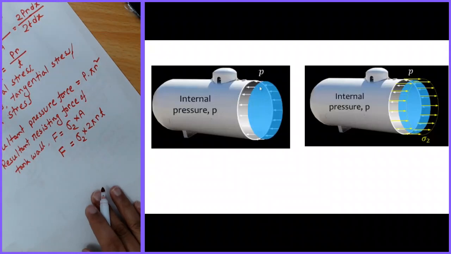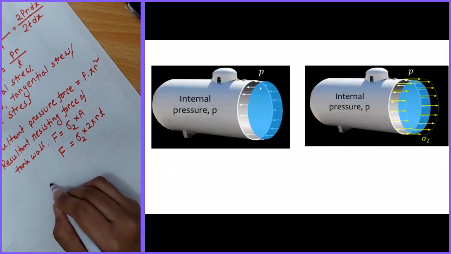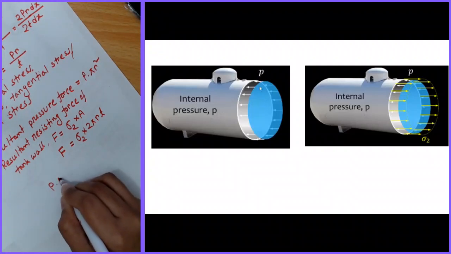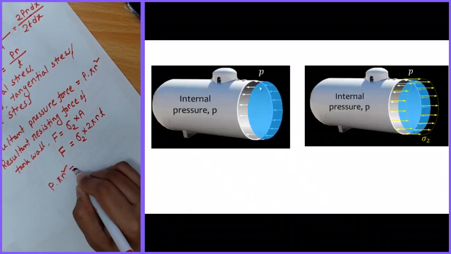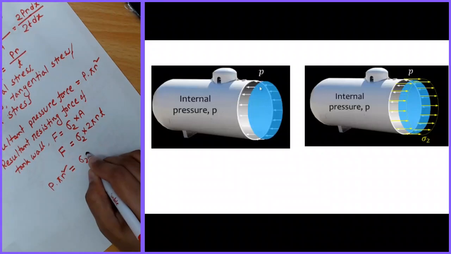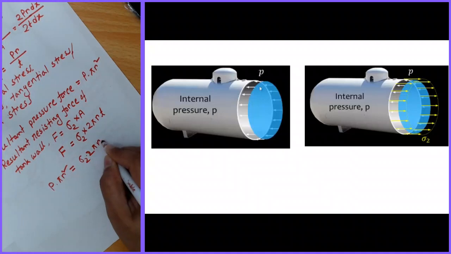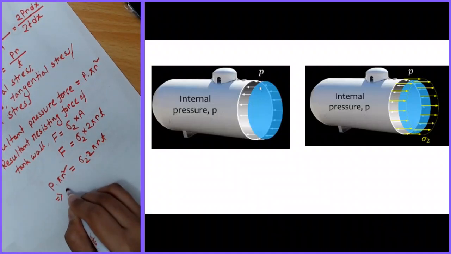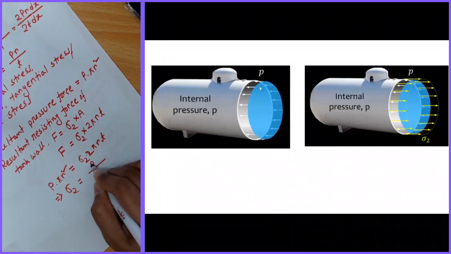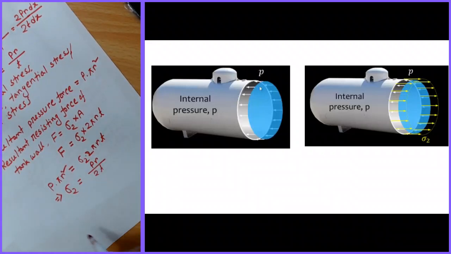So if you do the force balance, the resultant pressure force P multiplied by pi r square is equal to the resultant resisting force, which is sigma 2 multiplied by 2 pi r t. So sigma 2 equals P r by twice t. Okay. So we got two stress equations.